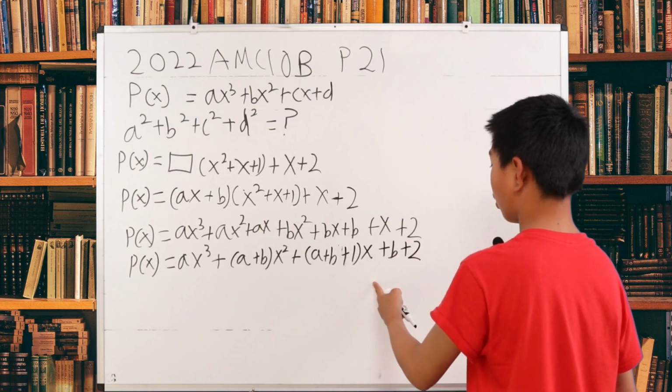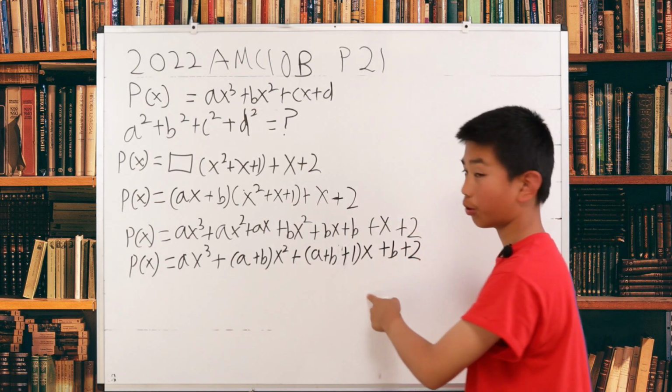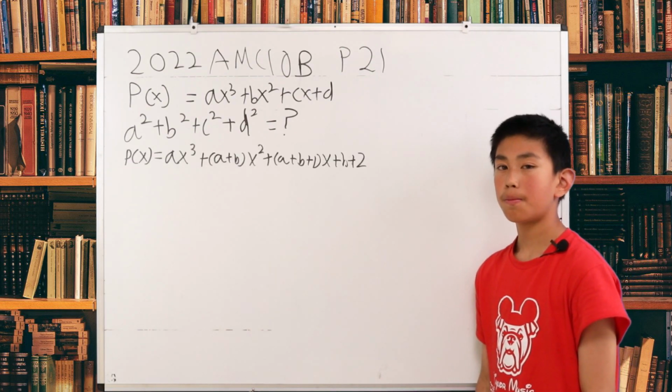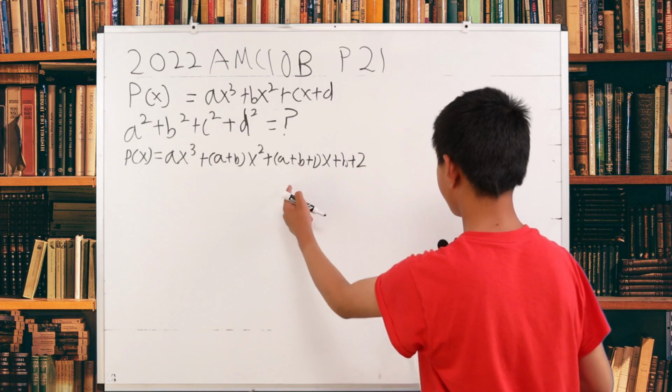So we have our first polynomial according to the first condition we are given.